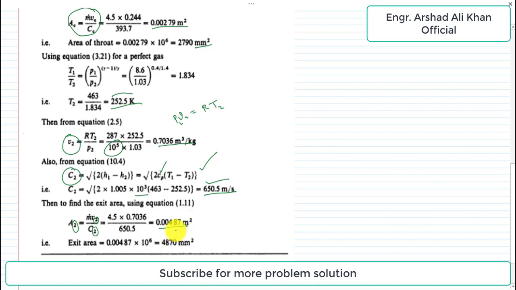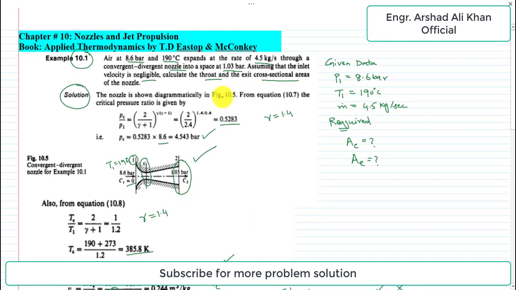Also, if we represent it in square millimeter, we can write 4870 square millimeter. So this is all about the discussion of example 10.1 from chapter number 10, book Applied Thermodynamics by T.D. Eastop and McConkey.